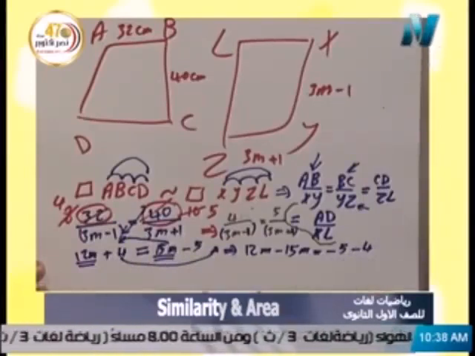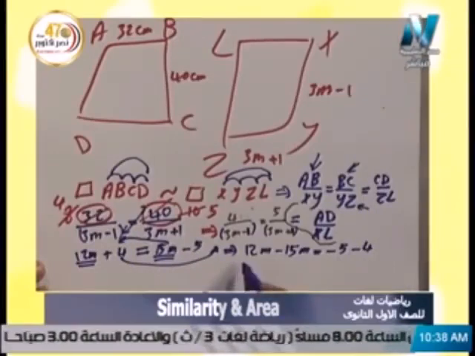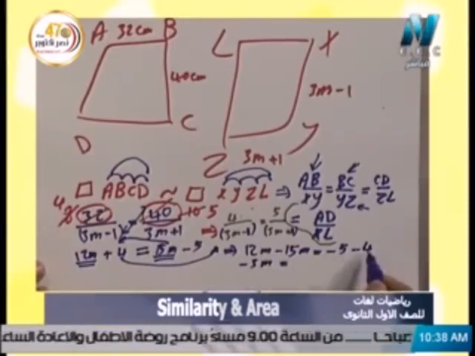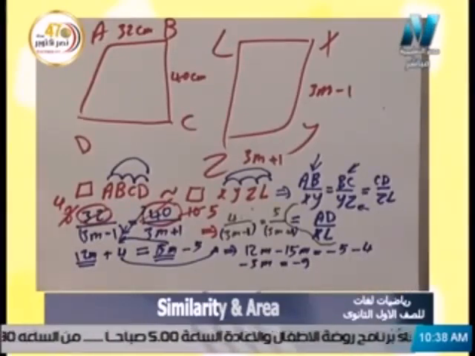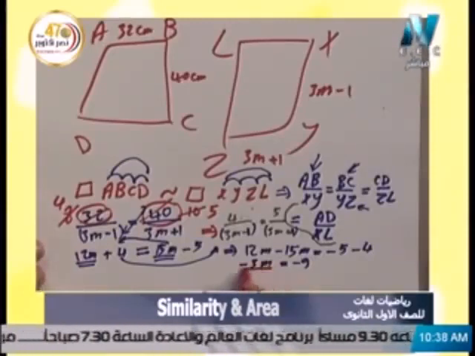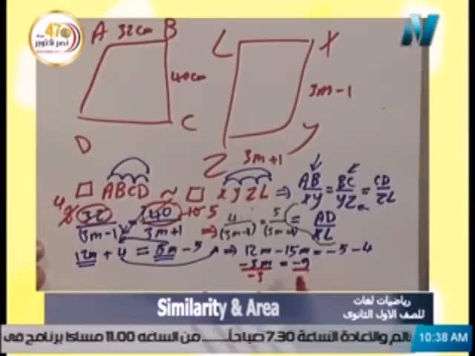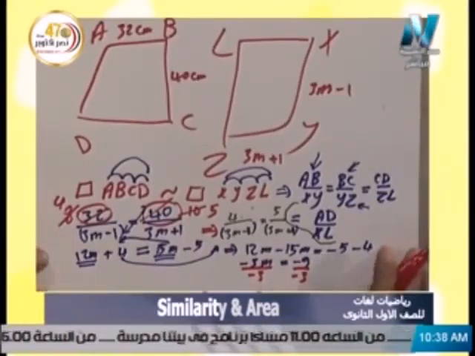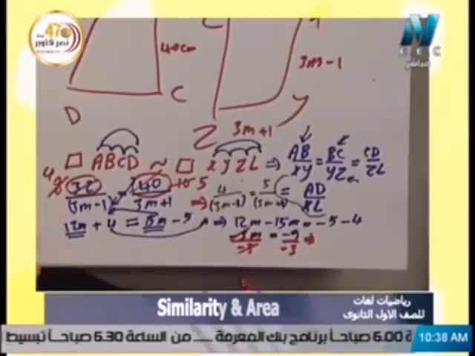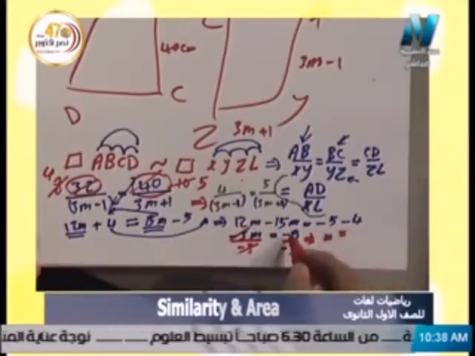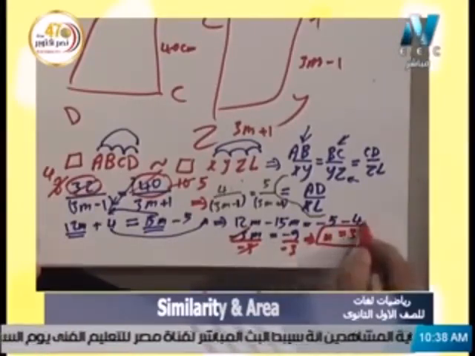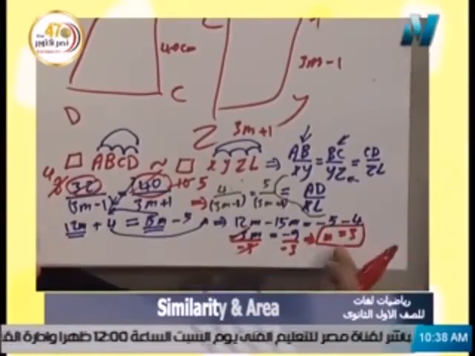Now 12m minus 15m equals negative 3m, and negative 5 minus 4 is negative 9. By dividing the two sides by negative 3, negative 3 cancels with negative 3. So m equals negative 9 divided by negative 3, which is 3. So m equals 3, Salma.